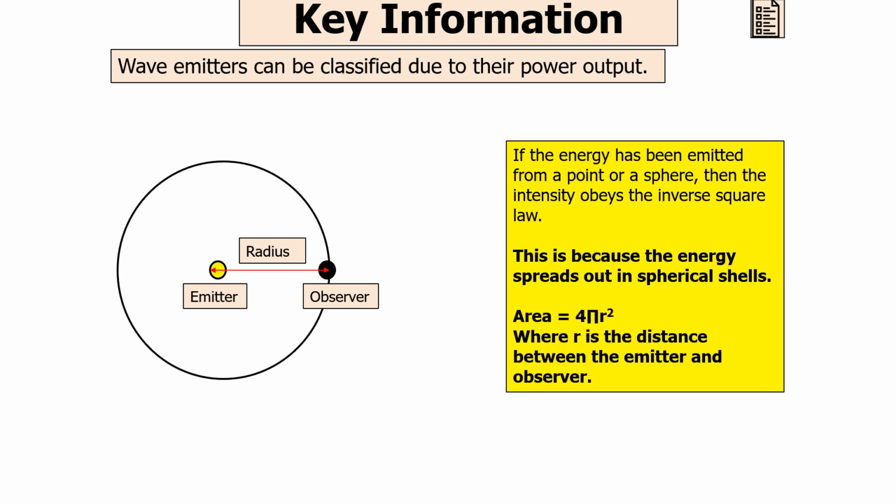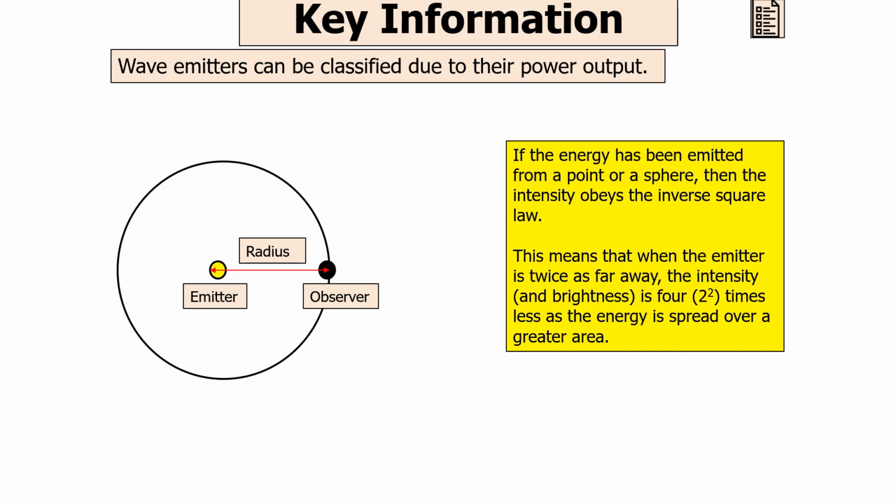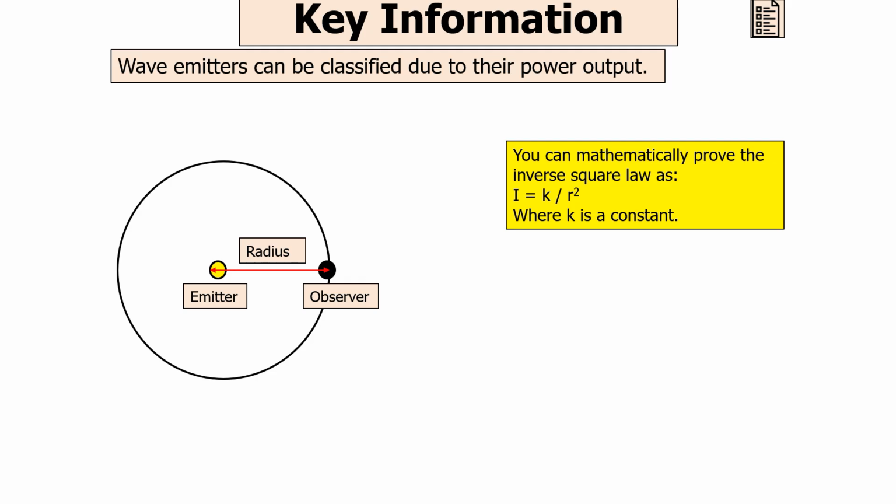The area is 4 pi r squared, where r is the distance between the emitter and the observer. This means that when the emitter is twice as far away, the intensity and brightness is 4 times less, as the energy is spread out over a greater area. You can mathematically prove the inverse square law: I is equal to k over r squared, where k is a constant, so k is equal to I times r squared.